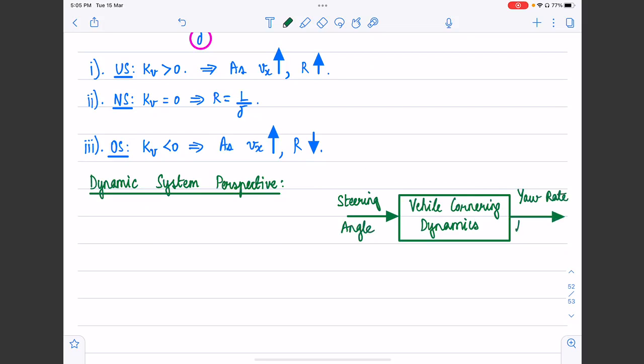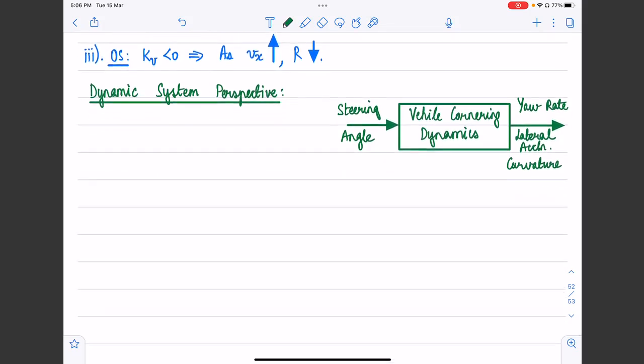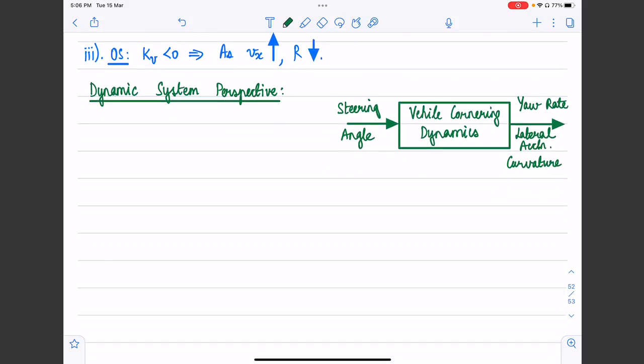We could also have lateral acceleration as another output. We could also have curvature. Depending on our visualization or outlook, we are going to have different characteristics that we are going to study. So that's what we are going to do.